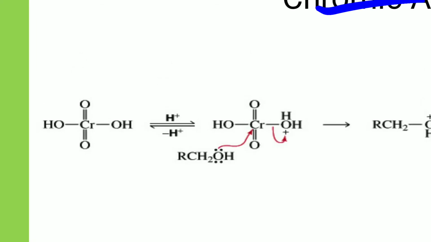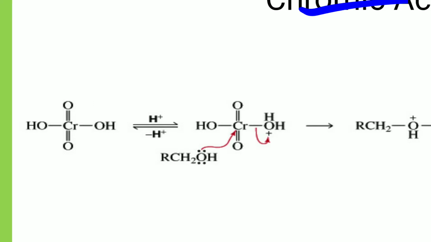After formation of this, the primary alcohol oxygen, which also has a lone pair, donates a lone pair to the chromium, and at the same time the water molecule gets removed. You can see this in the red color arrow.